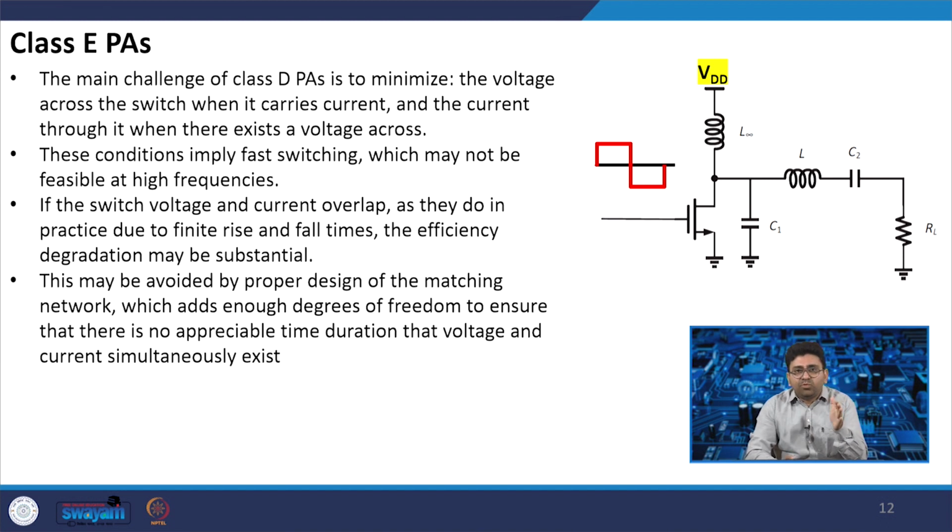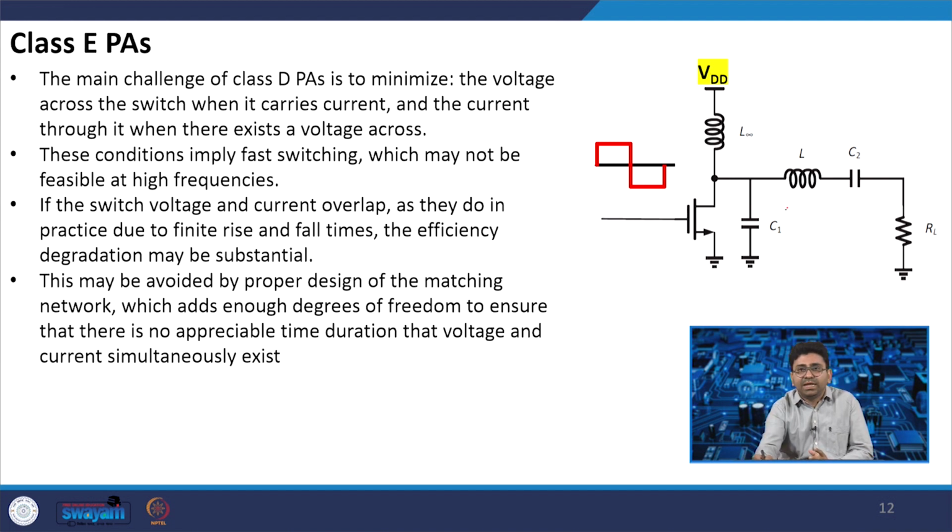The switch voltage and current generally overlap in practice due to the finite rise and fall time. We cannot have an ideal digital voltage and ideal switch, and the efficiency degradation may substantially happen, and this can be avoided by proper design of a matching network.